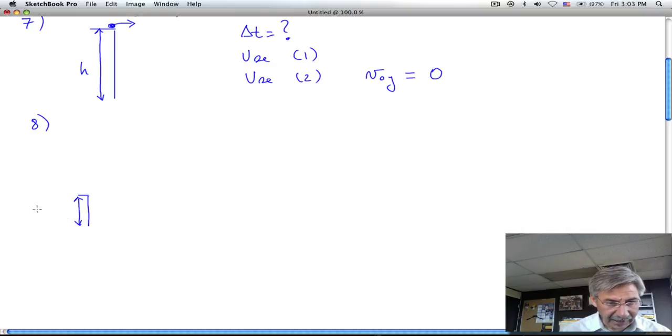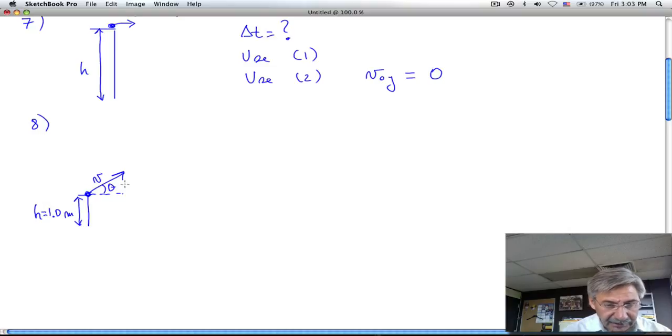You are given a height here, for example, in my case it is 1 meter, but you will have different numbers. But now it's not thrown horizontally, it's thrown at an angle. And what is given to you is this angle and this velocity.